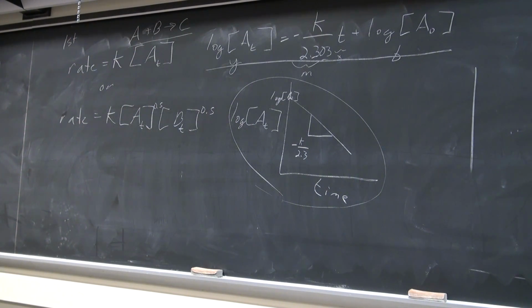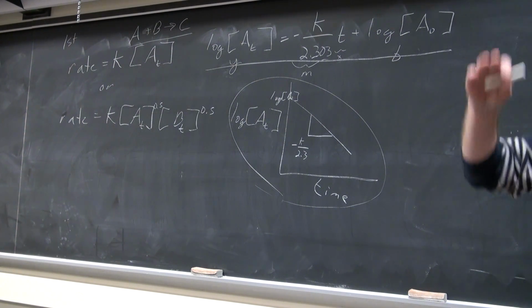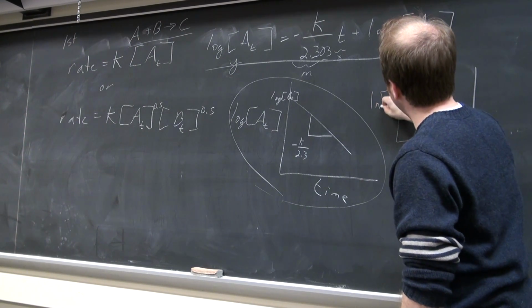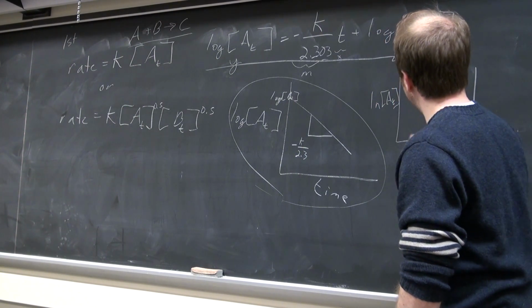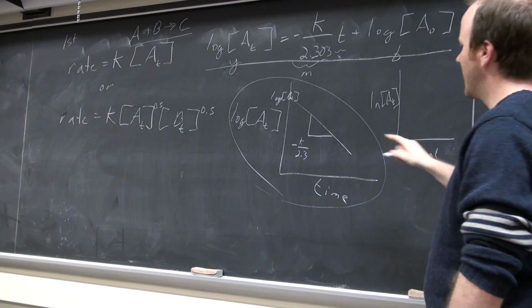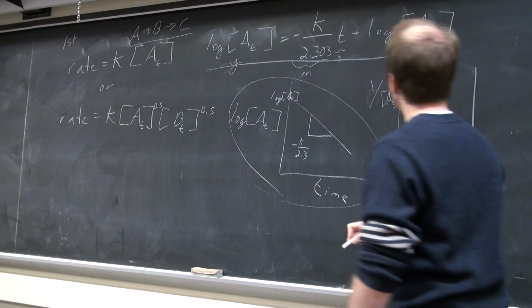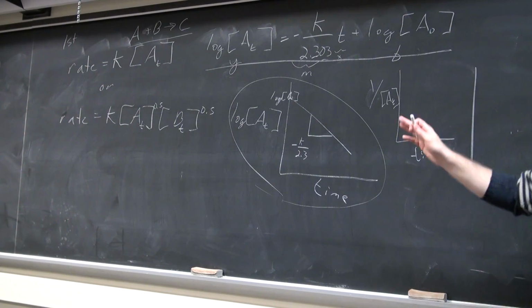Yes. So if you were given a data table, would you plug in the numbers to that equation, and if it was linear, it would be first order? Exactly. That was the gist of that homework problem. I gave you a data table, and you plotted ln of A of t versus time, and you plotted 1 over A of t versus time.